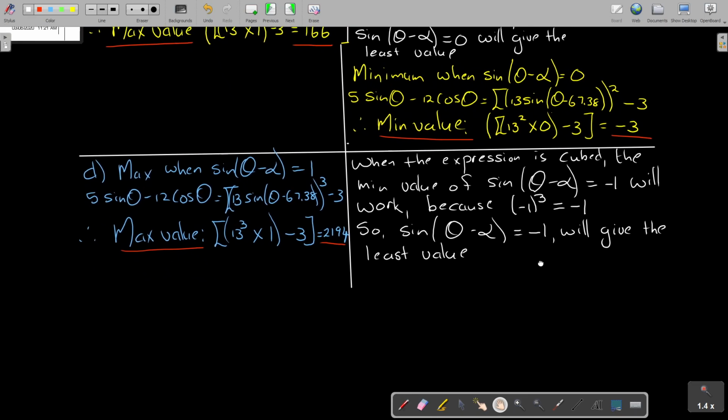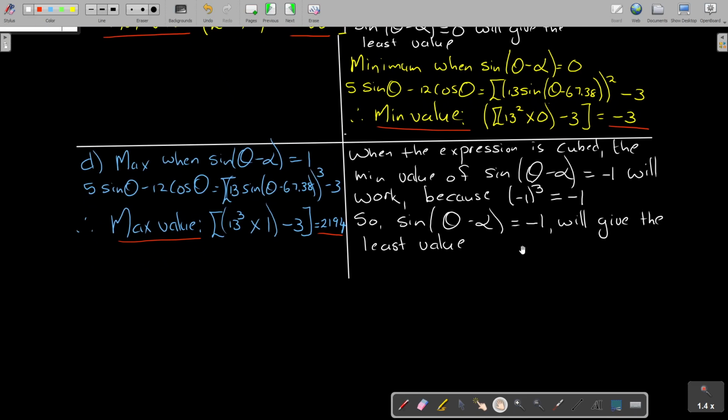So I can just basically go on there, and I'm going to take blue again, and this is number D. I'm going to say what I said at the top, so the minimum when sin minus the angle is negative 1.